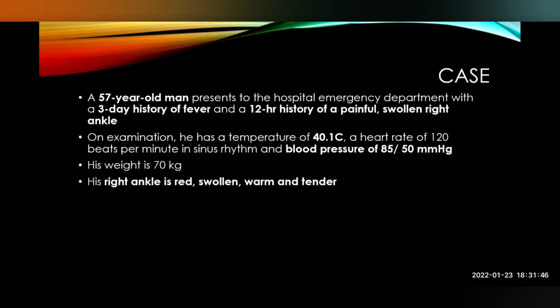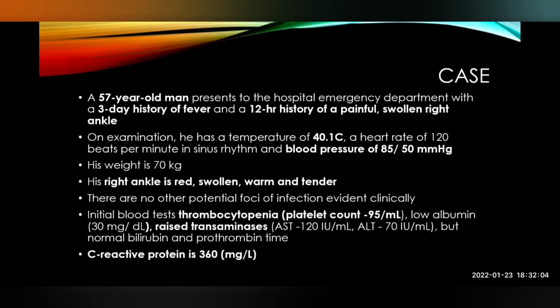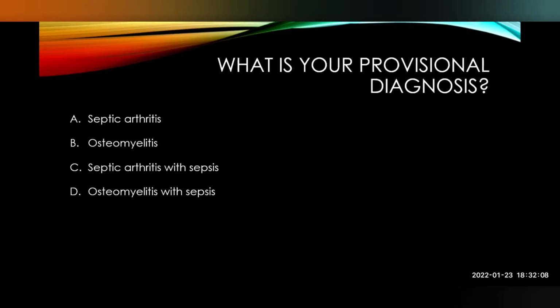His right ankle is red, swollen, warm, and tender, and there are no other potential foci of infection evident clinically. The initial blood test showed thrombocytopenia with raised TLC, raised LFT, that is transaminitis. His CRP was 360.